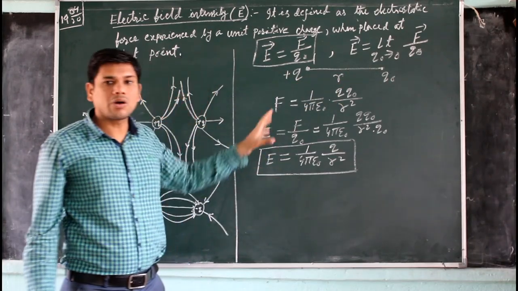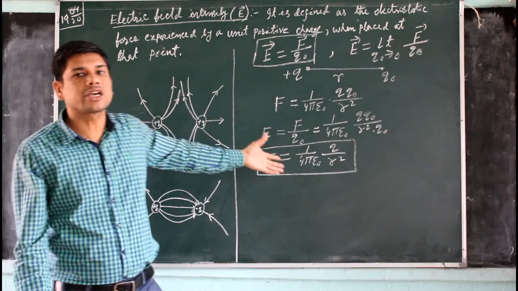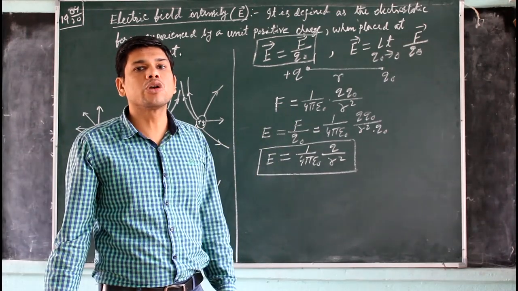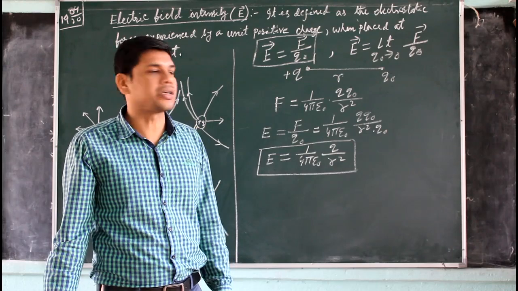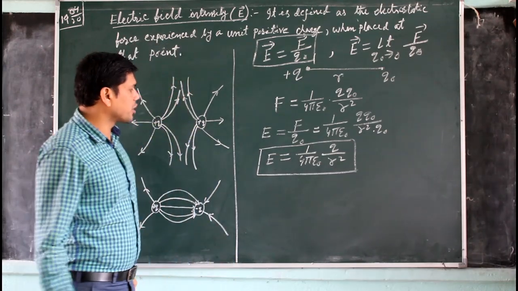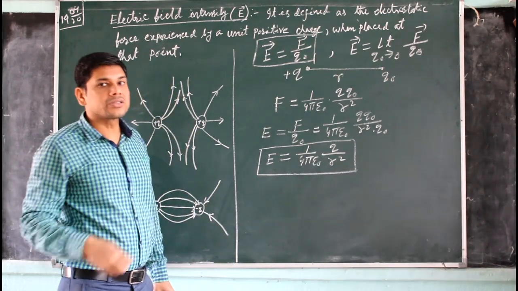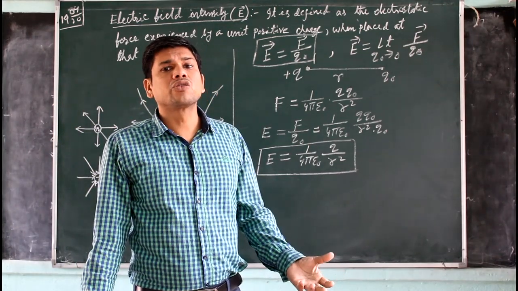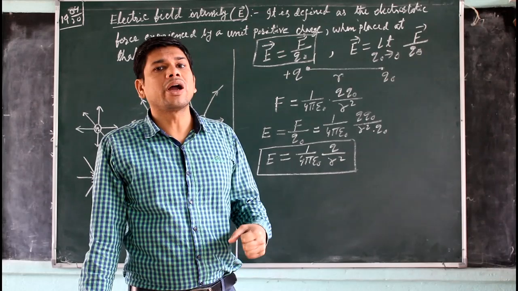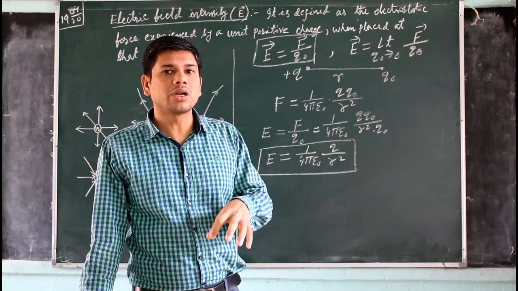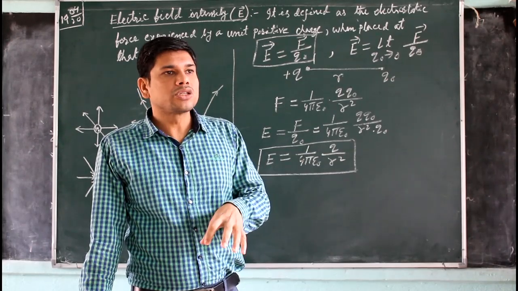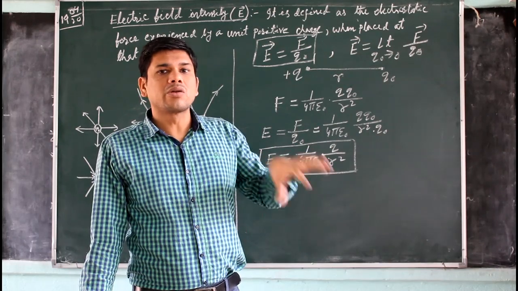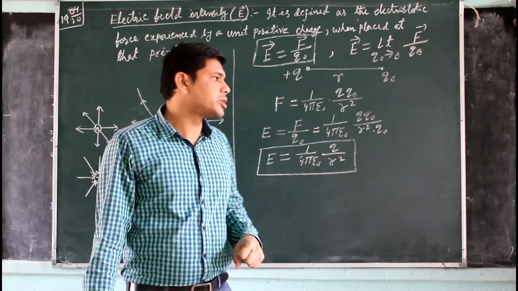This is the expression of electric field due to a point charge at r distance. Electric field is a vector quantity, so we can apply the superposition principle to find the electric field at a particular point due to a surrounding system of charges.